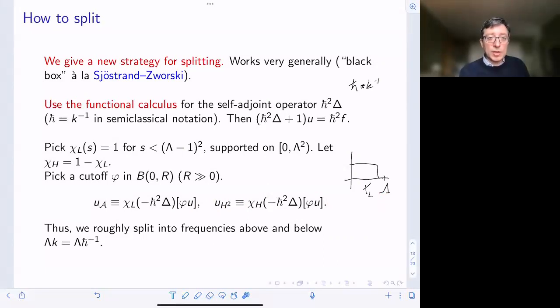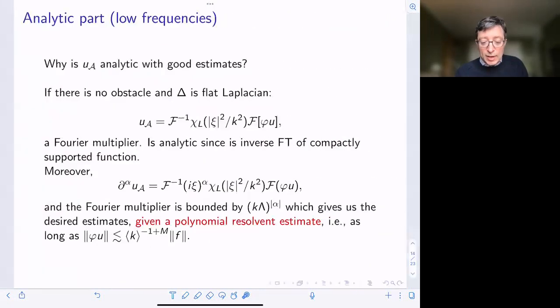So you should think I'm in Fourier domain, if you like, splitting into frequencies above and below lambda k. And you can see that very explicitly if you take the flat Laplacian, because then the functional calculus is very easy to implement. The Laplacian is a Fourier multiplier by xi squared, and so functions of it are just functions of xi squared on the Fourier side.